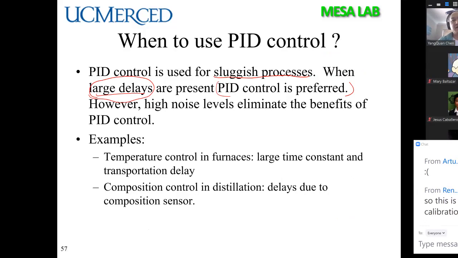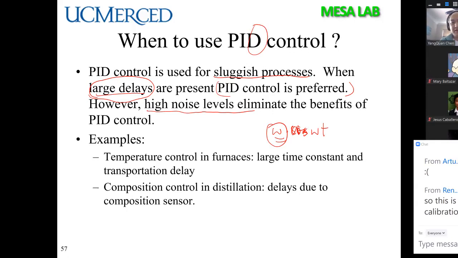Also consider whether your noise level is too high, because the derivative itself will amplify noise. Remember you have a sine omega t; you do the derivative, you get omega cosine omega t. If omega is big, then the high frequency noise will get amplified a lot.